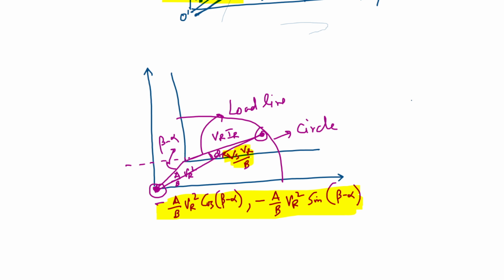With respect to the actual axis, x, y and origin, you have your center located in the third quadrant, and a radius VS VR by B. This VR IR represents the load line, working at an angle of phi R, which is called the load power factor angle.